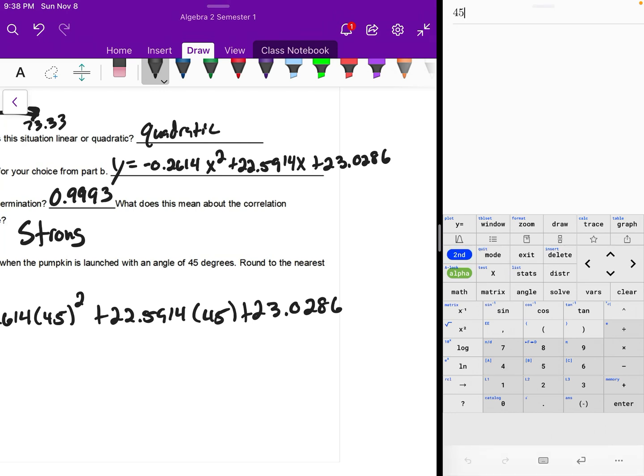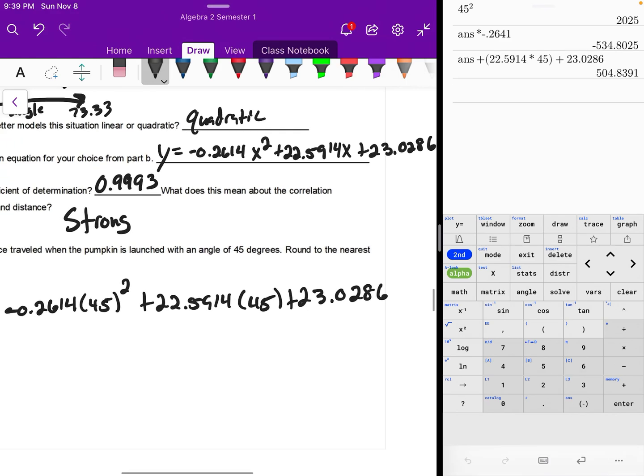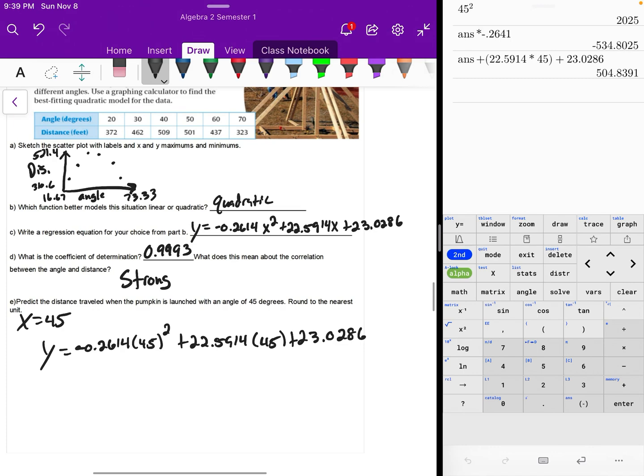Going to our calculator, I'm going to take this into its parts, so 45 squared times that negative 0.2614, plus, and now put the next part in parentheses, 22.5914 times that 45, and I can finally add that 23.0286. So 504.